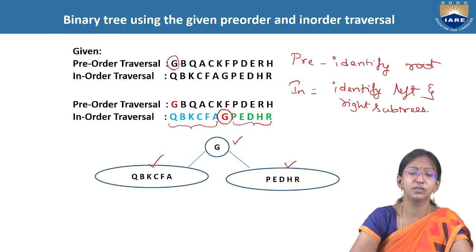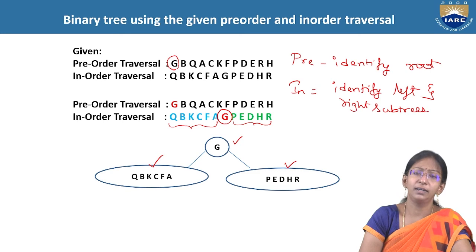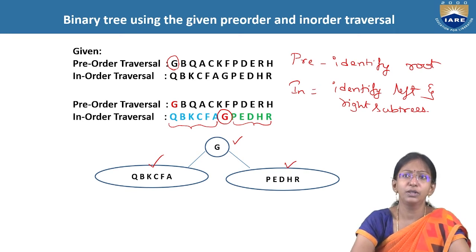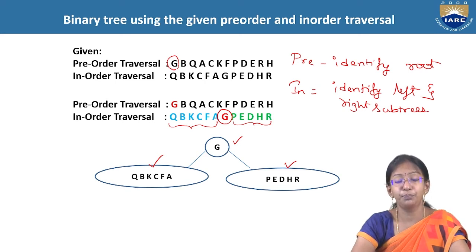Pre-order traversal is used only to identify the root, whereas in-order is used to identify the left and the right subtree values. So here we have taken the first step, where we have identified the root of the tree and the elements which will be present in its left subtree as well as the right subtree.